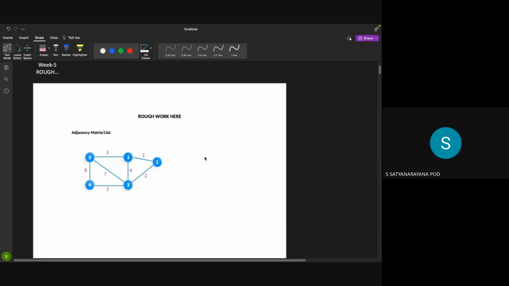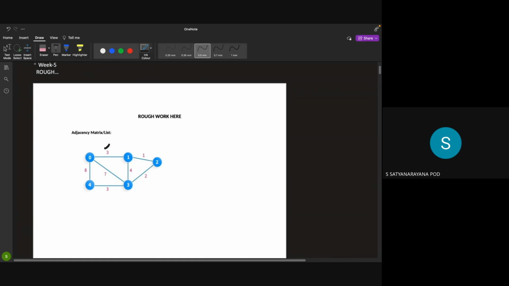Is my graph visible? Yes, sir. Good. So look at that. If you are creating an adjacency list or adjacency matrix, it is different for a simple graph, but here a weight is included. Look at that.